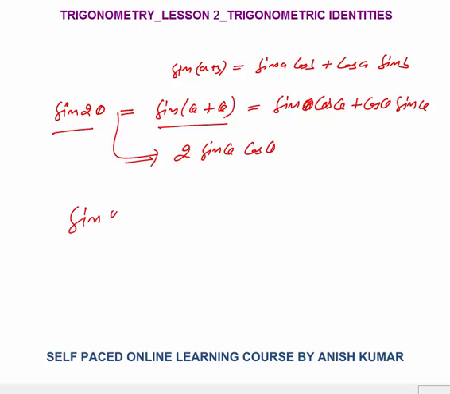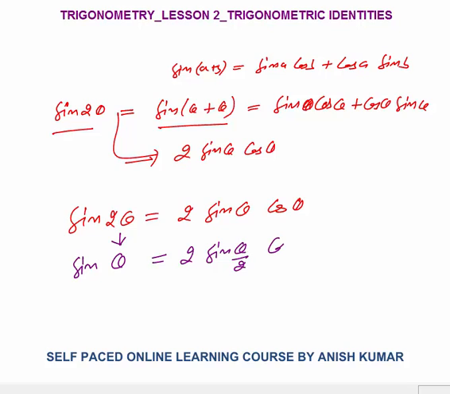And no need to remember double angle, fourth angle. You can always calculate from this concept. Once I know that sine 2 theta is equal to 2 sine theta cos theta, I can always calculate the half angle, double angle, four angle. For example, if this angle becomes half, the right hand side angle also becomes half. 2 theta becomes theta, half of this, so the right hand side angle also becomes half.